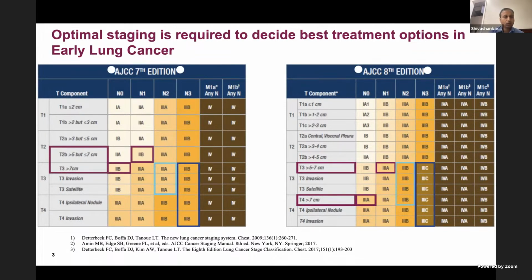What we used to call 1B earlier, that is 3 to 4 and 4 to 5 centimeter, is now included in 1B. Earlier we used to give adjuvant chemotherapy in 1B, but now more than 4 centimeter will directly go into stage 2A.